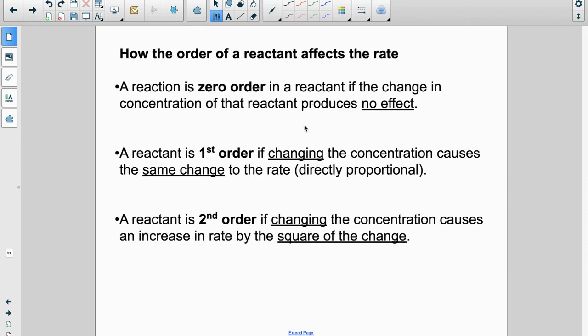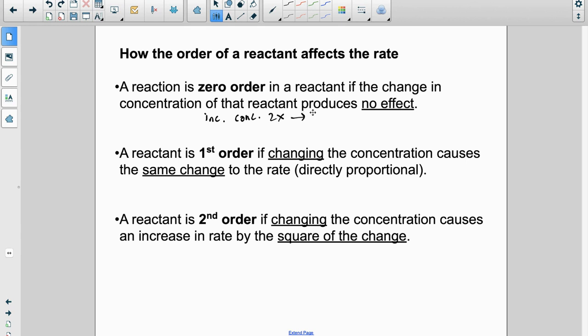All right, so how do reactant orders affect the rate? If a reactant is zero order, that means however you change the concentration, there will be no effect on the rate. The rate will not change. So let's say you increase the concentration 2 times.